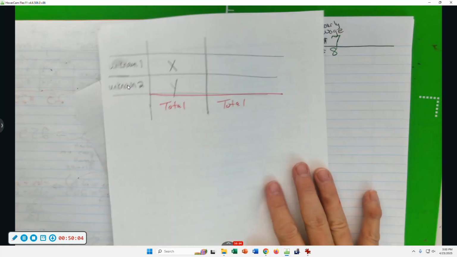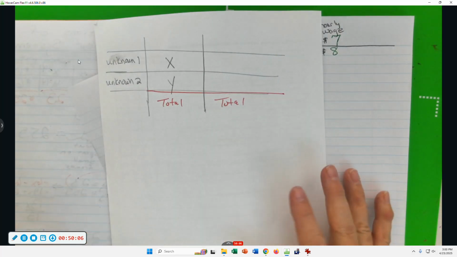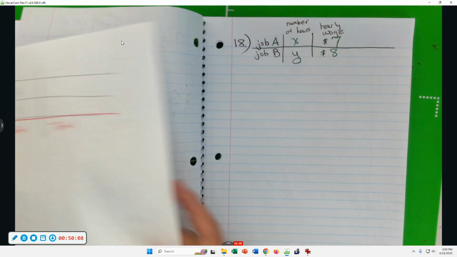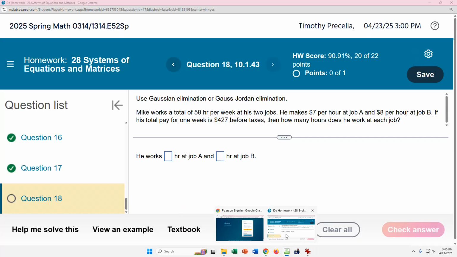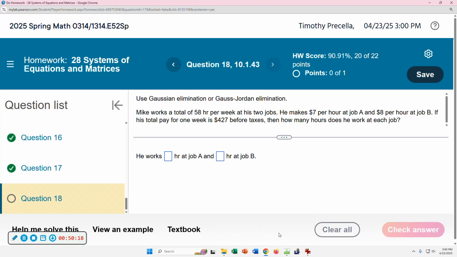There should be some totals somewhere. Hopefully you're noticing a pattern on these. It's consistent. What are the two totals? We need some totals.